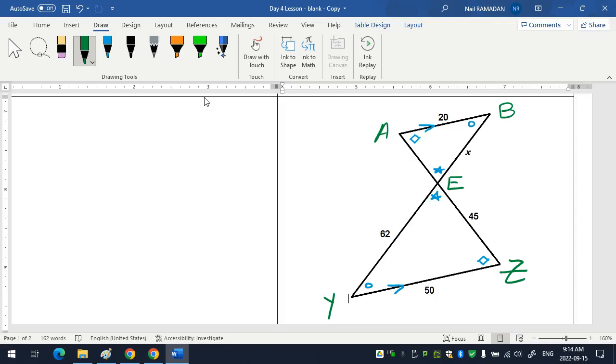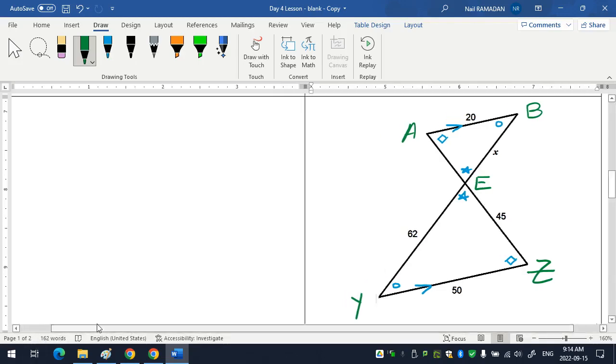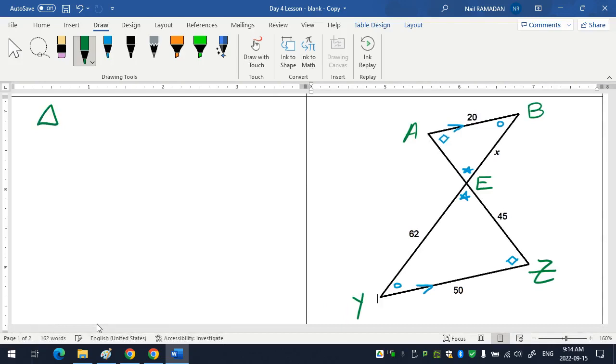That's why we use the labels. So let's say the first one. Triangle A, B, E is similar to what? What did we say? A, B, E. A, so Z. What's B? And the last one is back to what?